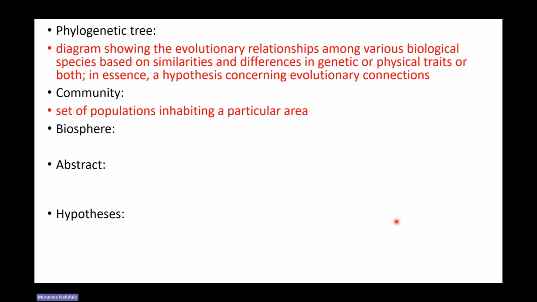So community is a group of populations, and a population is a group of species. And the biosphere, if you could just say the collection of all the ecosystems on the earth, you could still be correct.